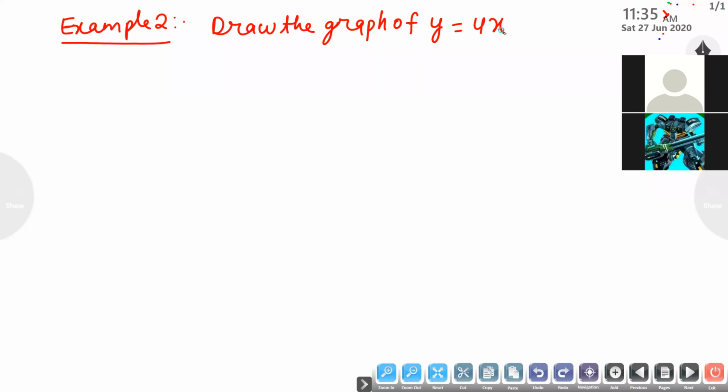Already in this question, he has given the y value on one side and the x value on the other side, so no need to change. Simply I can draw the table.